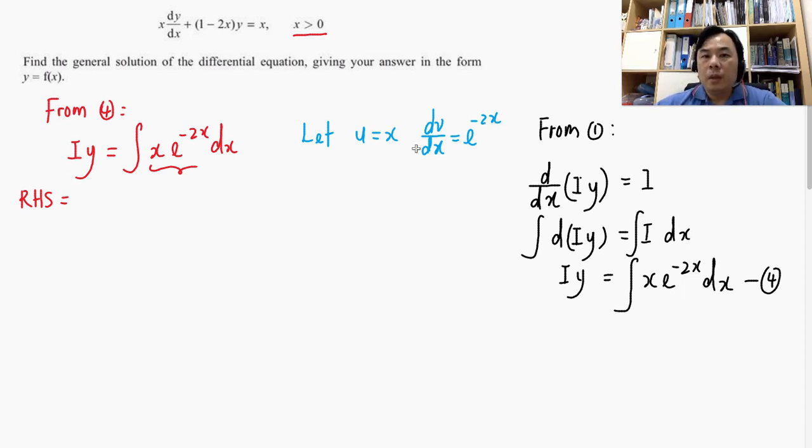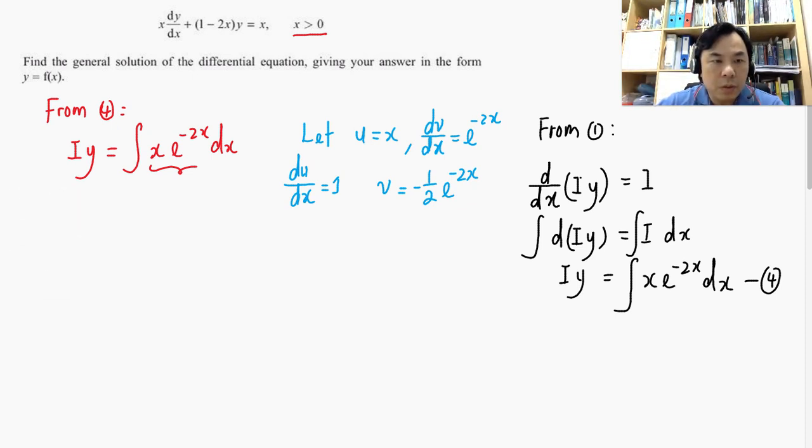And then from here onwards, I will know that my du dx would give me a 1. That is very clear. And then after that, my v, by performing integration here, I would be able to obtain negative 1 over 2 e to the negative 2x here. I hope that is clear. Now, once you are ready with this, maybe I don't need to write left-hand side or right-hand side.